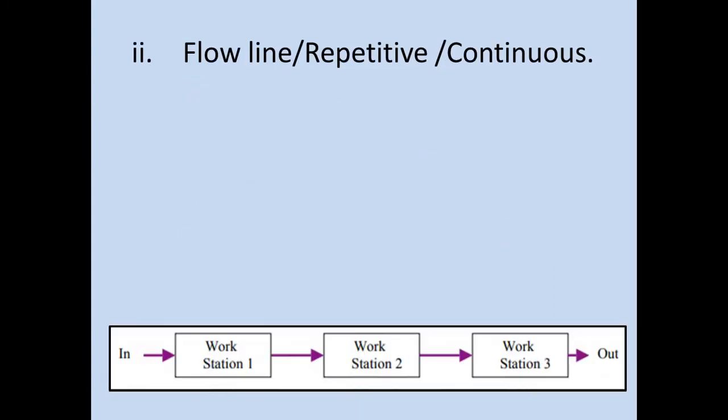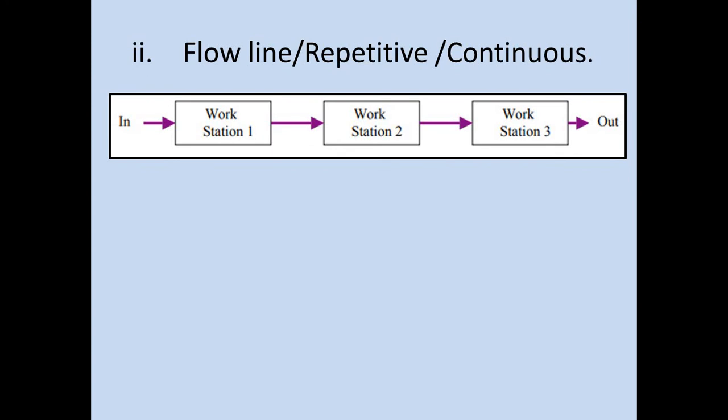Flow line or repetitive continuous mode. In this type, there is a particular sequence of operations to be performed to get the finished output from raw materials to finished goods. There is no deviation, but in the first type we can produce any number of varieties of components at a time. In this type of process, we can produce only a single variety of component at a time.